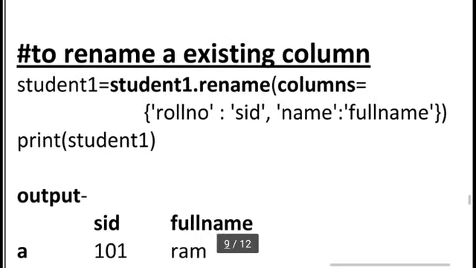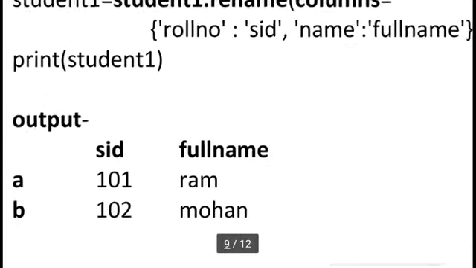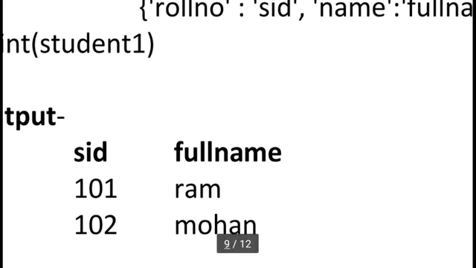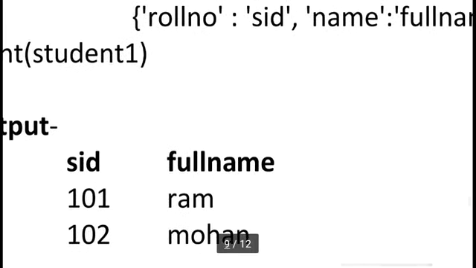We print this student1. So you can see the new value: instead of roll number you can see SID, instead of name you can see full name.